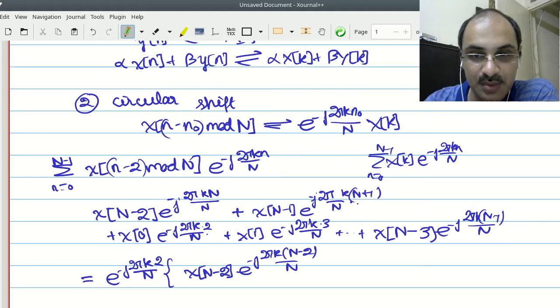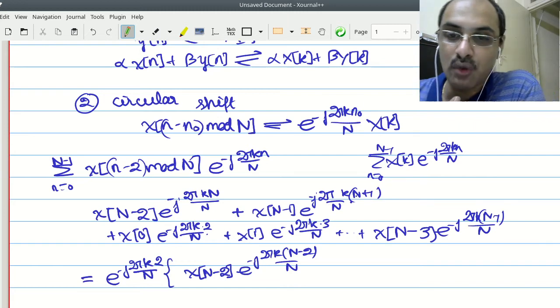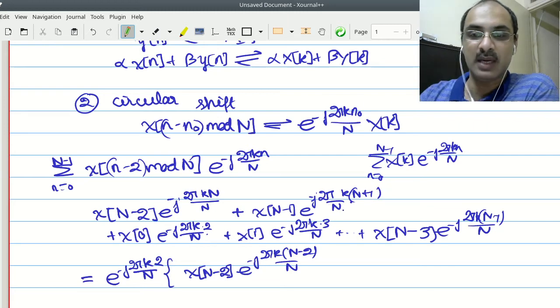I'm going to write it in this way, because remember, addition of e power j 2 pi k n upon n is just multiplication by 1.